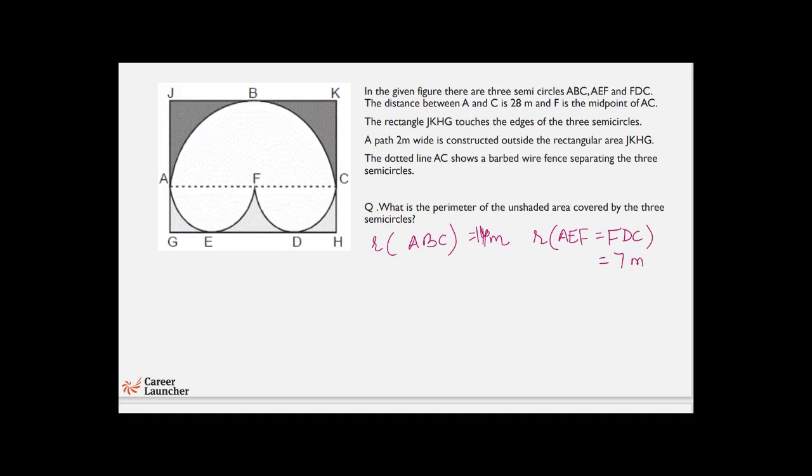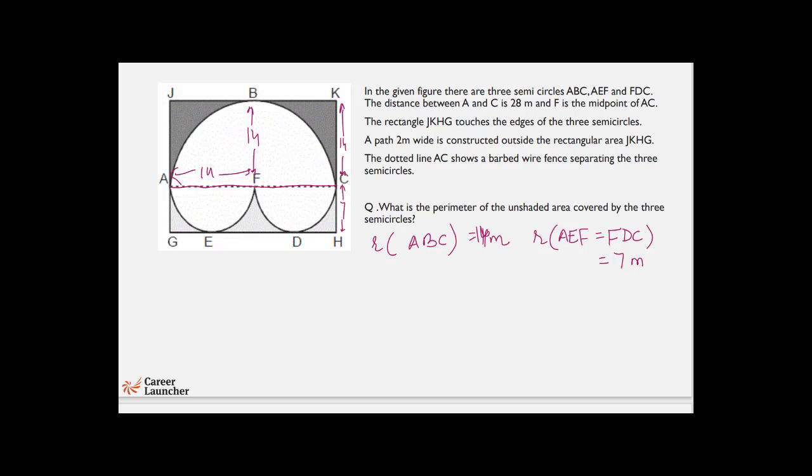Okay, so this particular length is 28 and only this much portion is 14. So BF is also going to be 14, and so this length would be 14 here, and CH would be 7.